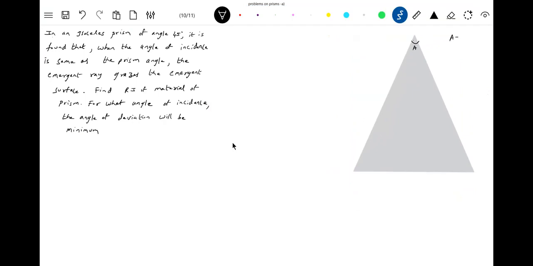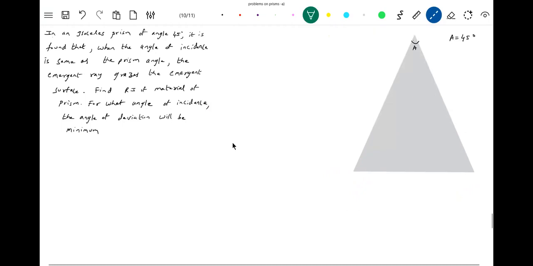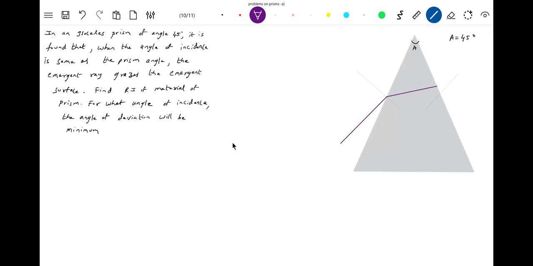This angle. When the angle of incidence is the same as the angle of prism, it grazes, it's telling.